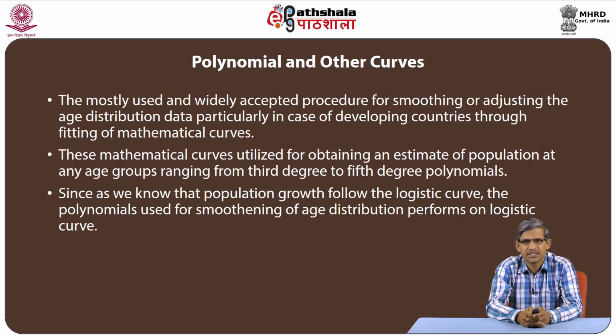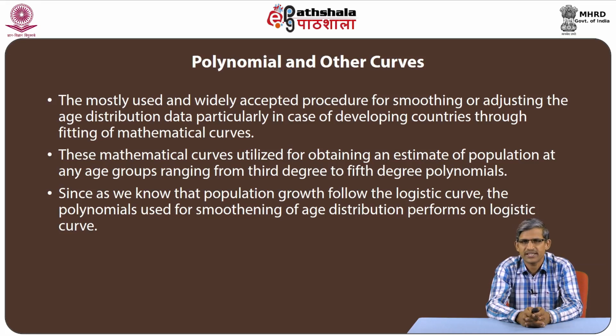The mathematical curves utilized for obtaining an estimate of population at any particular age group range from 3rd degree to 5th degree polynomial, depending on the extent of errors we expect in the data.